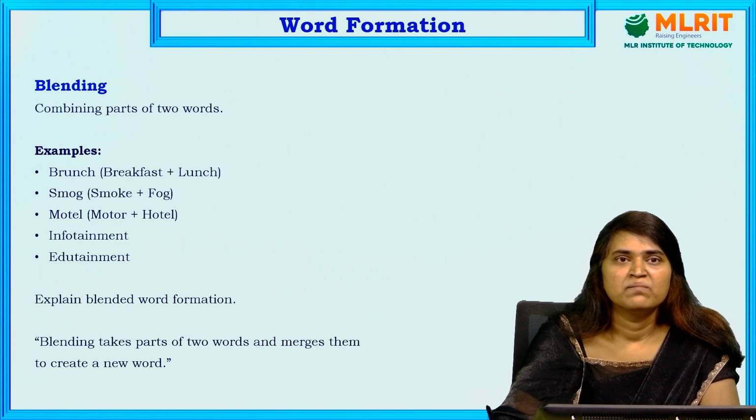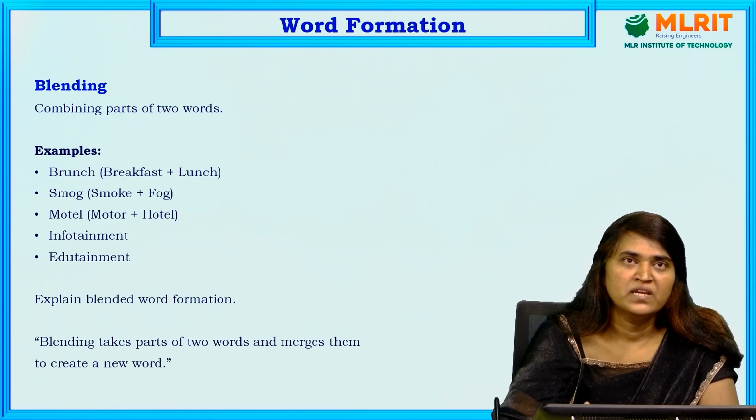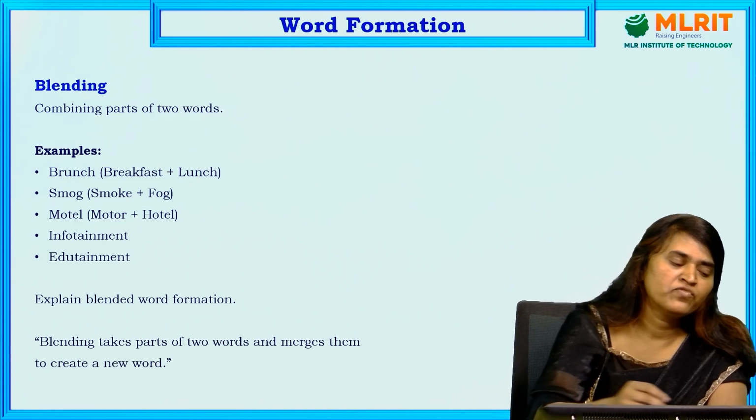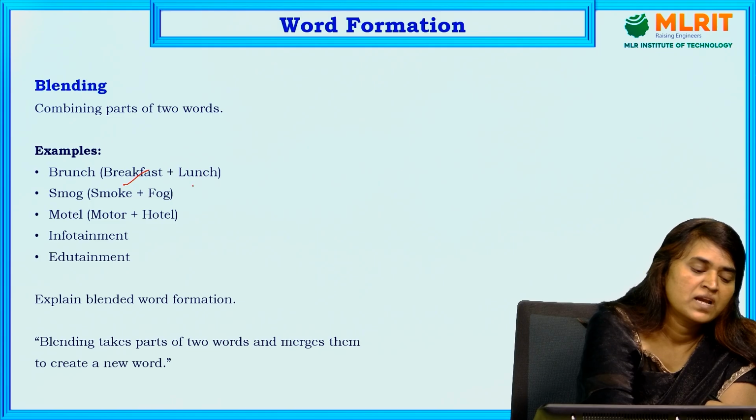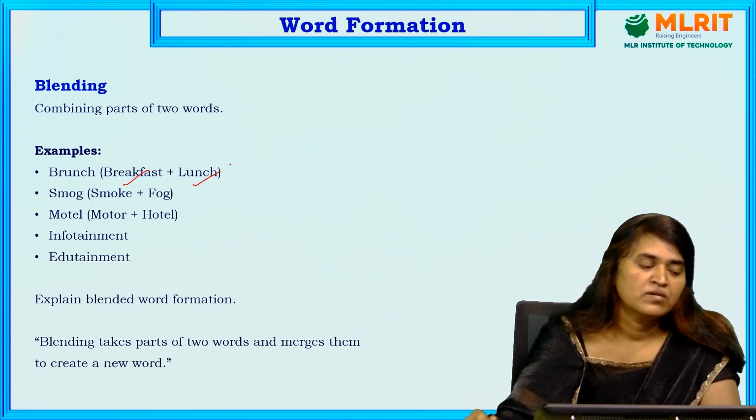And then blending. Blending takes parts of two words and merges them to create a new word. So blending is combining parts of two words, or merging two words. For example, breakfast is a word and lunch is a word. So listen carefully.